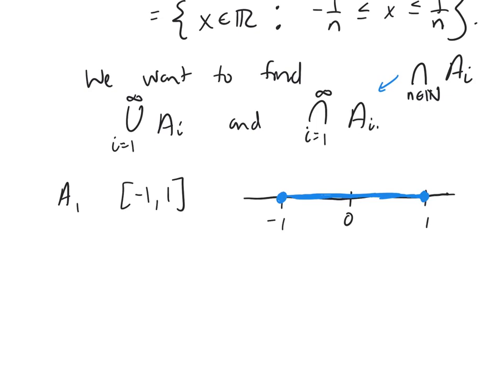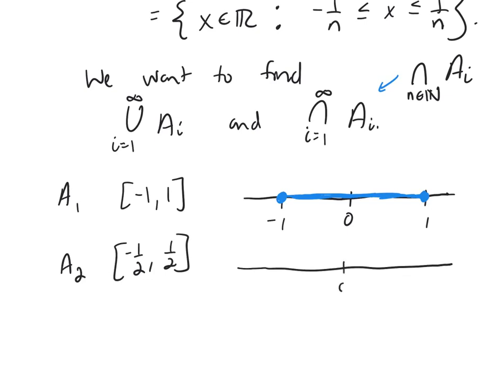Now let's look at A2. A2 would be -1/2 to 1/2. Make sure that when you're doing this, you line up your number lines so that all the numbers are located in the same spot. So here I'm going from -1/2 to +1/2, including my endpoints. Okay, and let's do one more.